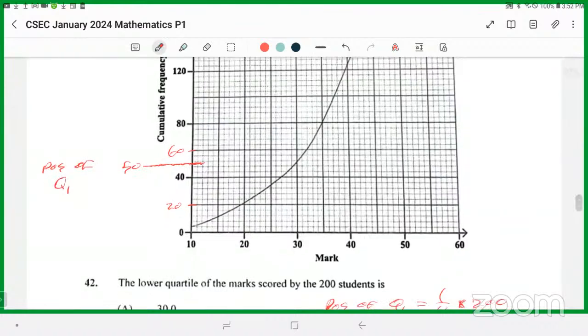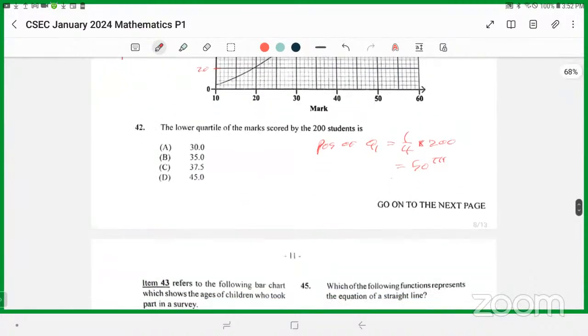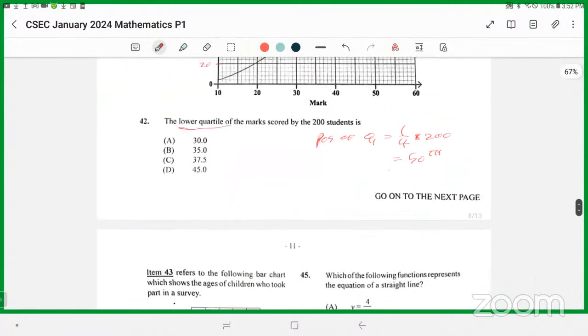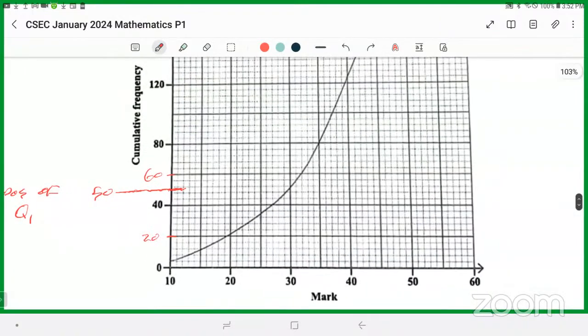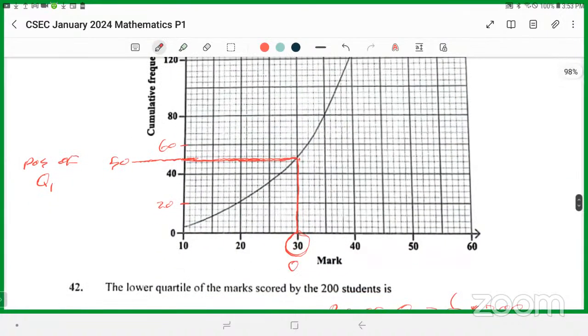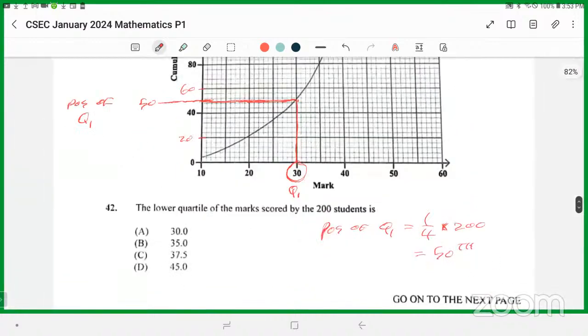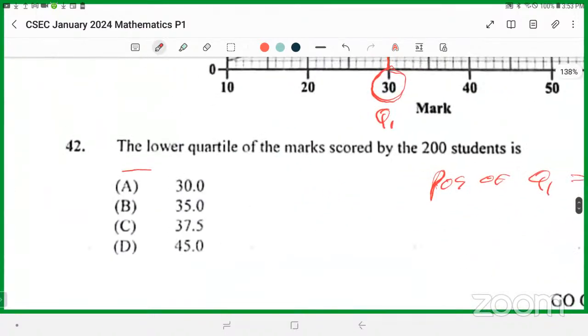The lower quartile I want, right? Yes, lower quartile. So you come across on the graph, right in the middle here for 50, bang on this line, which means that this is your Q1, 30 marks. Here you go, 30 marks.